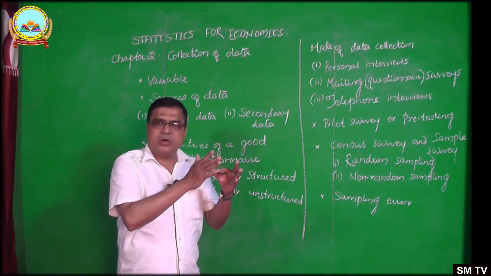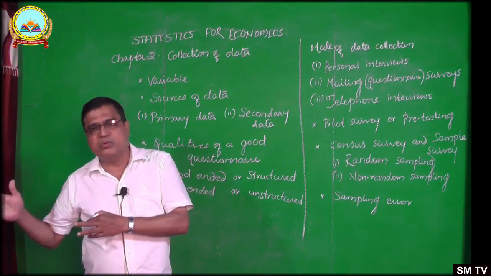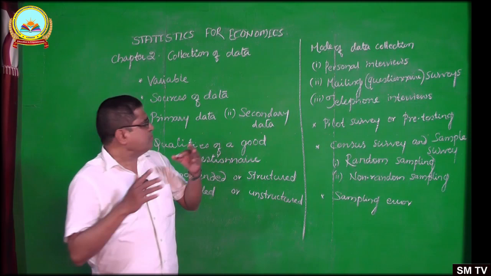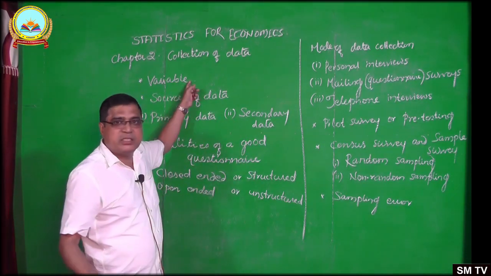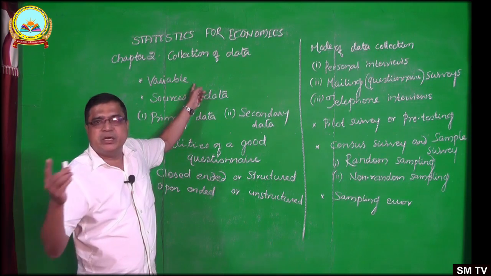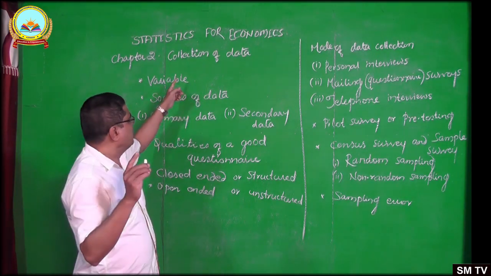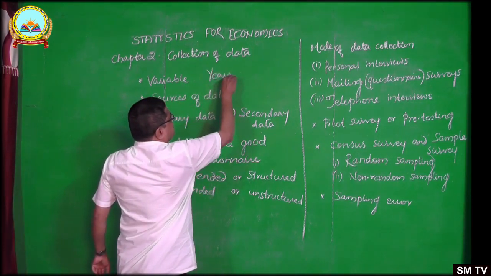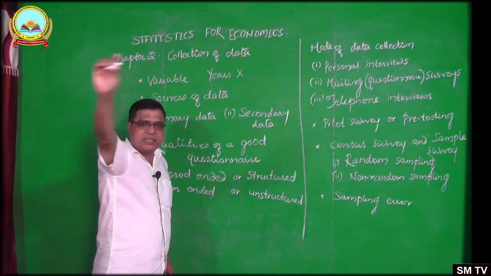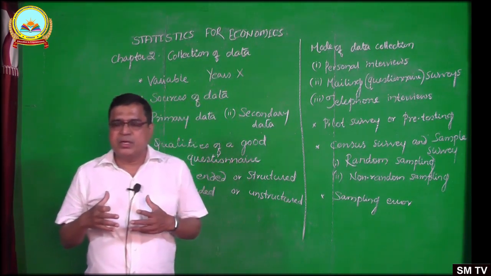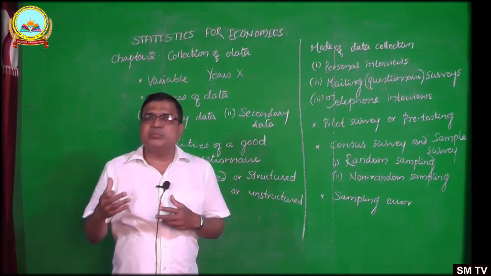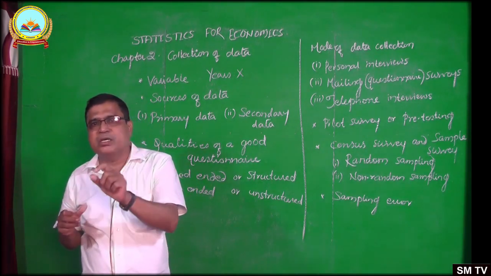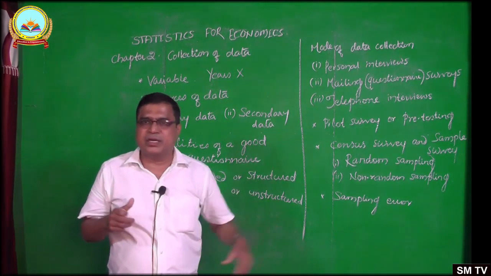Therefore, in one column we have years, in another column we have the quantity of food grains produced. Now, these two are called variables. One variable is years, represented as X. Generally in statistics, the variables are represented by the capital letters of the last English alphabets, X, Y, Z, like that.